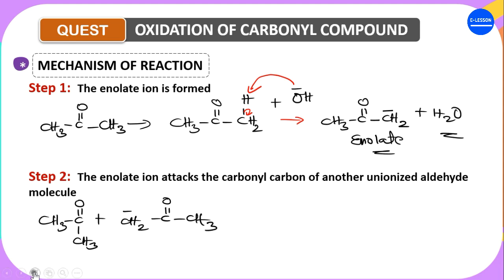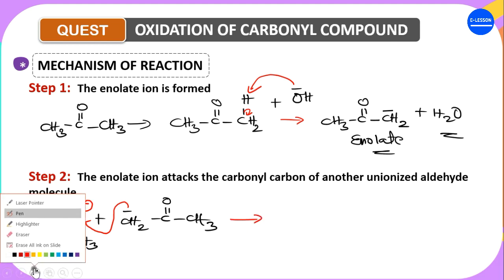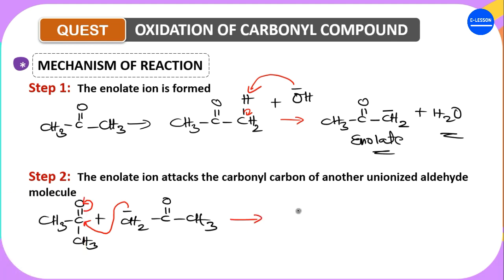Now, what do you think is happening here? There will be an attack by this nucleophile on this position, and when that happens, this one comes up, right? So the product will become, it's still the same process. I'm just trying to show you how we can use it for ketone too.